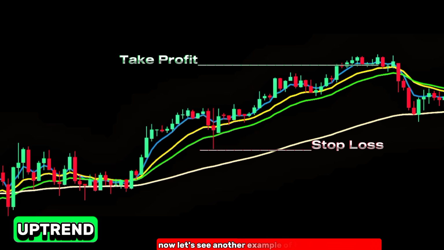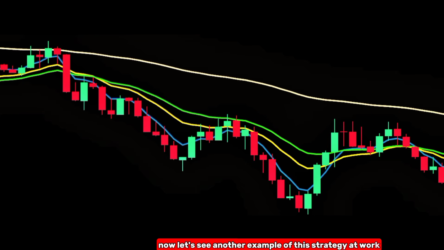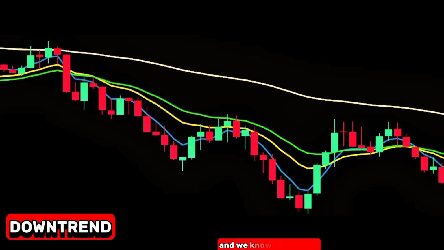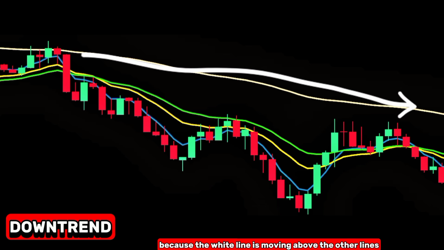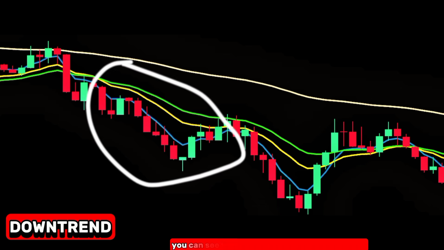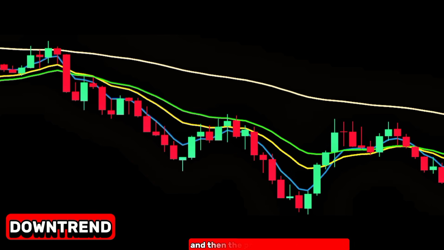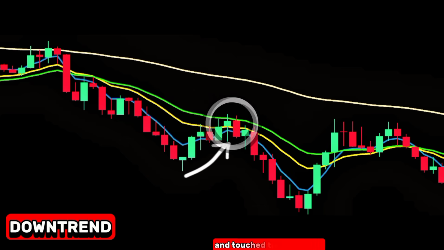Now, let's see another example of this strategy at work. Here you can see that the market is moving in a downtrend, and we know that is true because the white line is moving above the other lines. And when you look here, you can see that all the lines are moving in unity. No line is contradicting another line. They are all flowing together in unity. And then the price came up to the lines and touched the green line.